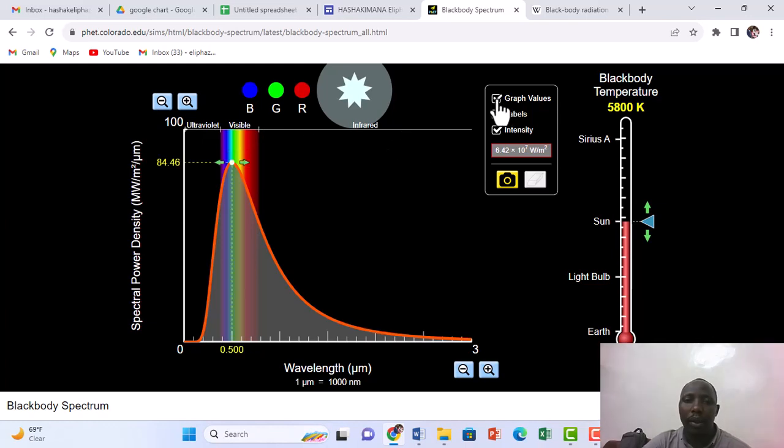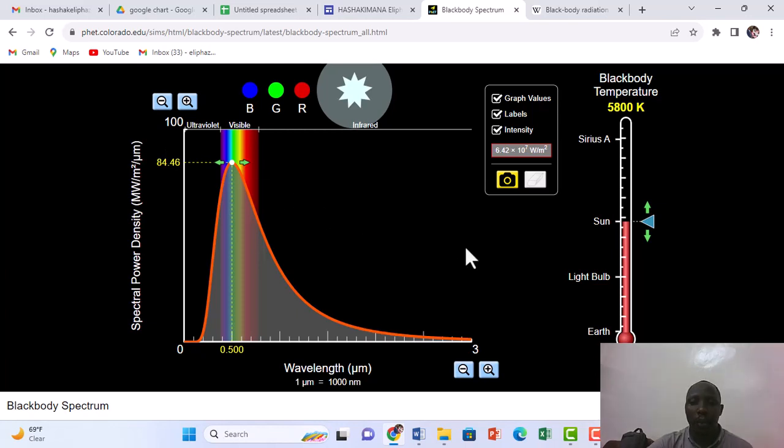Then you see the graph values: the wavelength here is 0.5 and the spectral density is 84.46. Now, as we are using the PhET simulation, we are going to see how one variable will affect another.